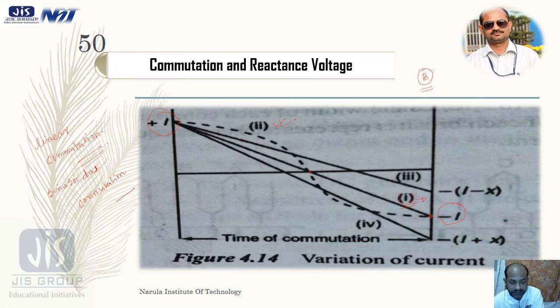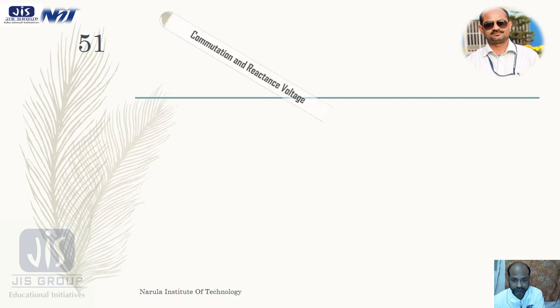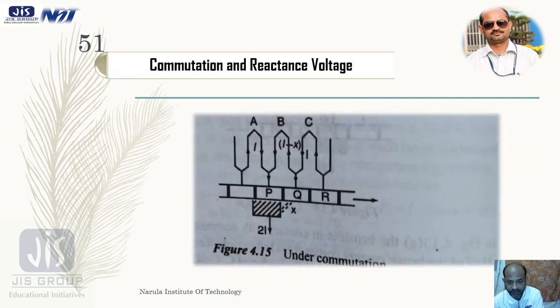Now, due to some reason, the current in coil B may not attain its full value in the reverse direction. This is shown in this figure. The full value is I, but it hasn't achieved that full value from plus I to minus I. So what happened now?